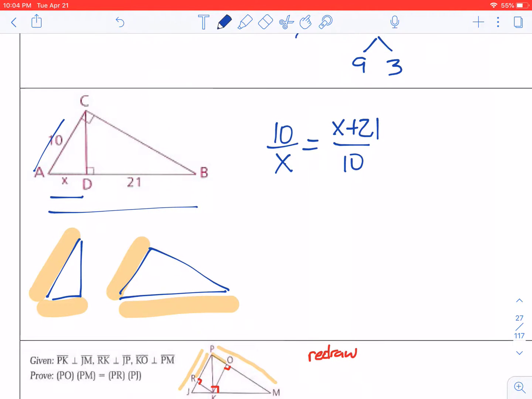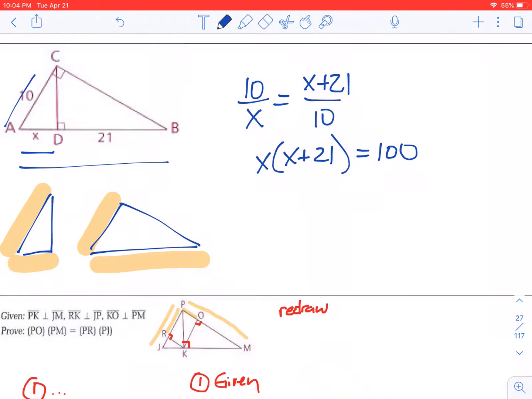Now this raises a wrinkle because we're going to get a quadratic equation. And hopefully your factoring skills are up to snuff. So we throw the 100 on that side. And now factor time.